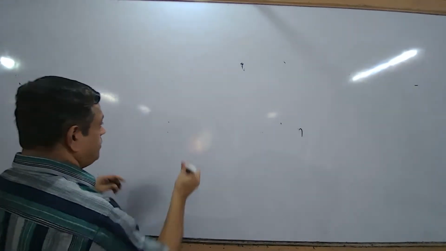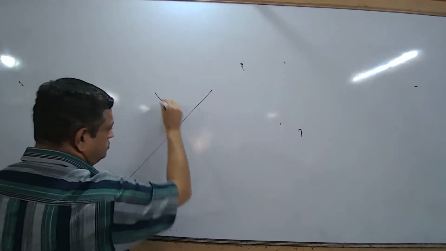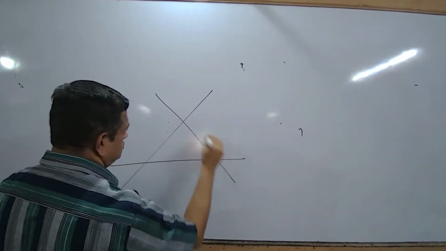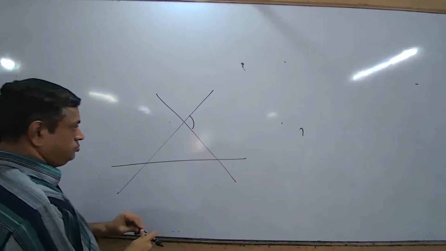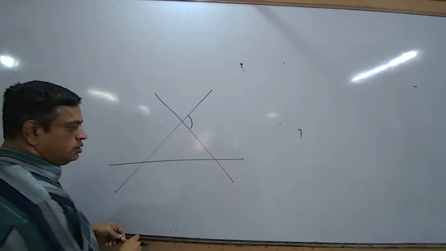What is this 360? You even remember? The sum of the exterior angles of a triangle is equal to 360 degrees. Exterior angles taken one at each vertex. Have you seen one exterior angle?